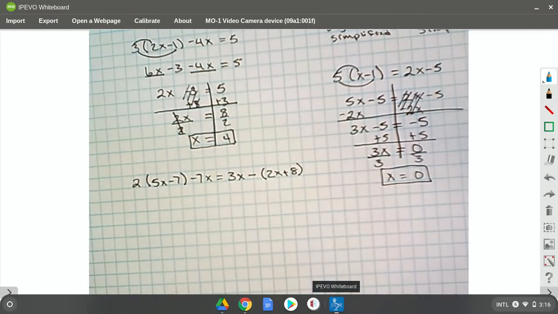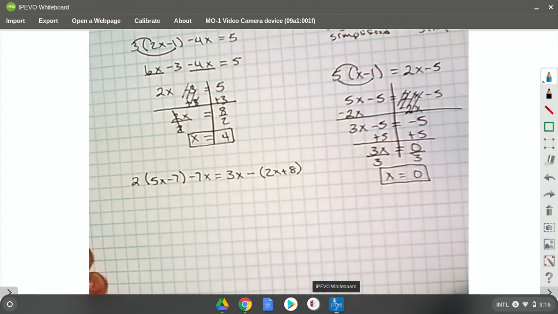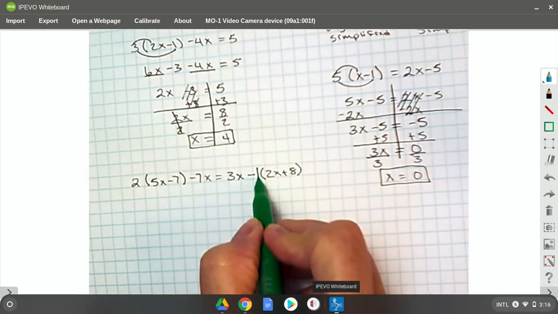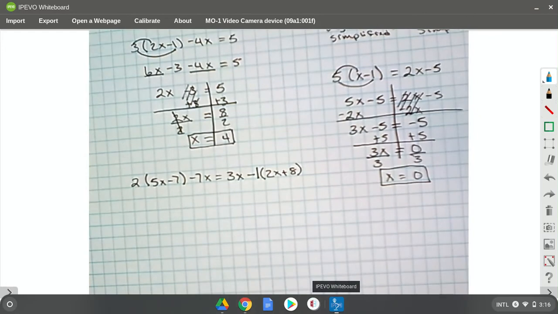Again, I see those parentheses there, so I'm going to clean them up. One of the things we want to make sure we don't forget is that there is a 1 there. Even though it doesn't look like I have anything to distribute, I do have to distribute that negative 1.